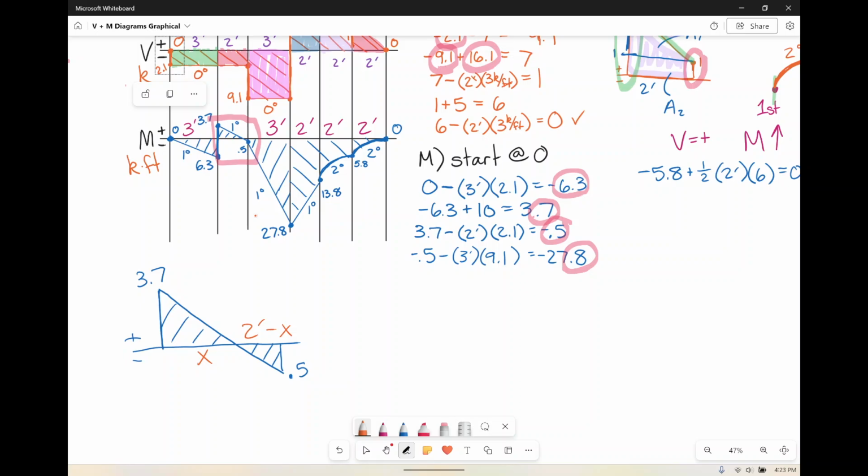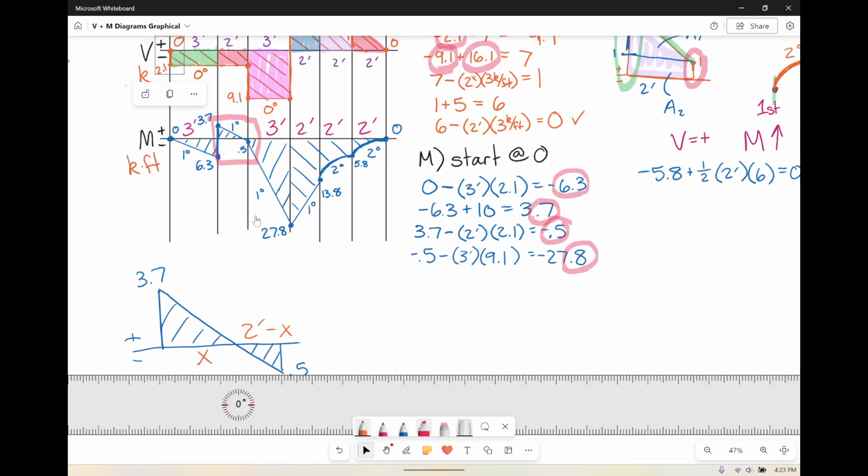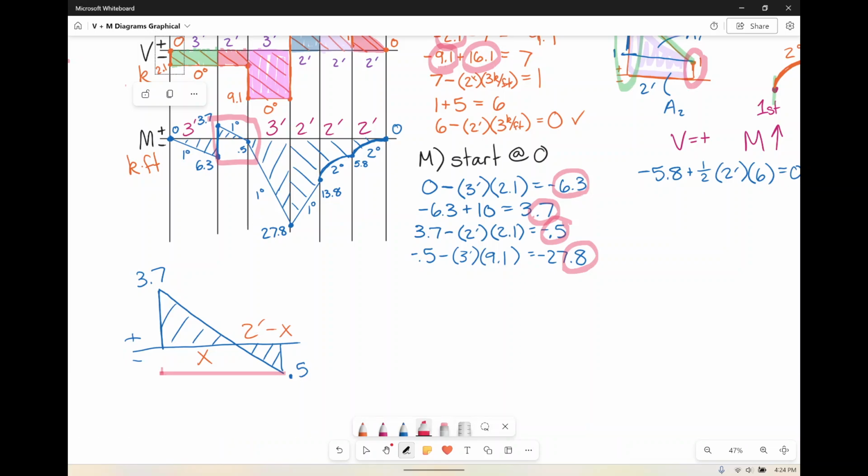So we need one that we do know. What we do know is this triangle. The full distance from here to here is 2, because the small one is x and the other one is 2 feet minus x.